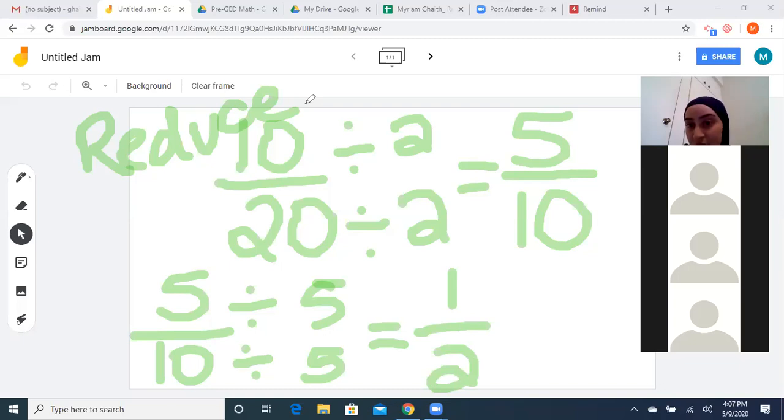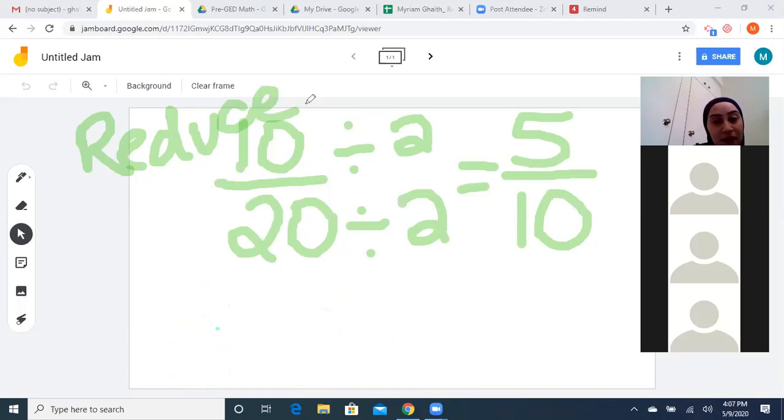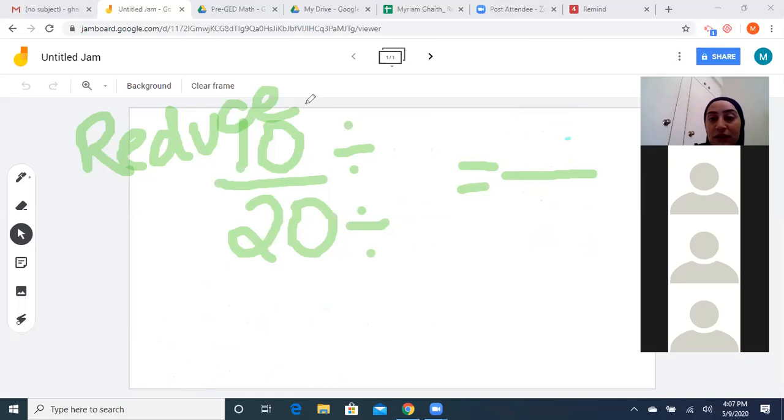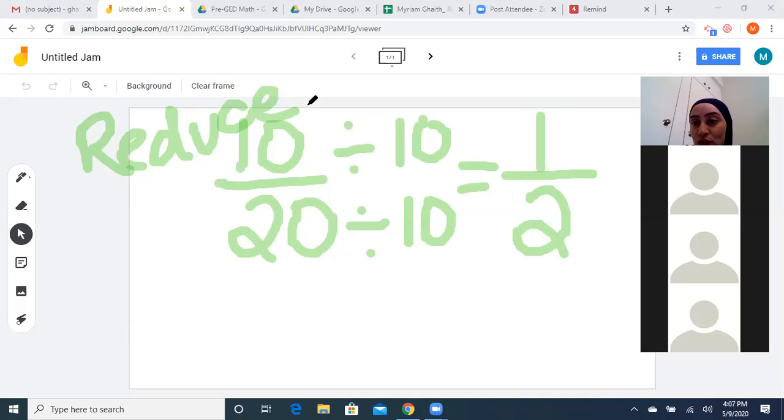Here's what I should have done. Can I erase this? Okay, watch. I don't want 2 steps here. If I don't need it, we're going to divide by a different number. What number do you think I should have divided by? 10, exactly. If I divided by 10, 10 divided by 10 gives me 1, and 20 divided by 10 gives me 2.